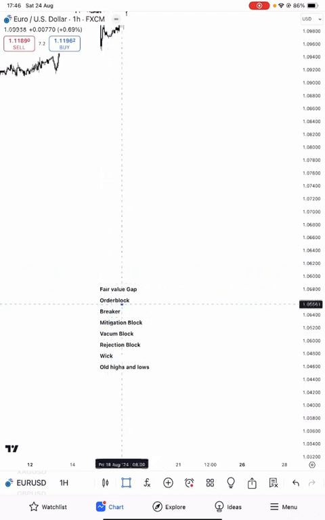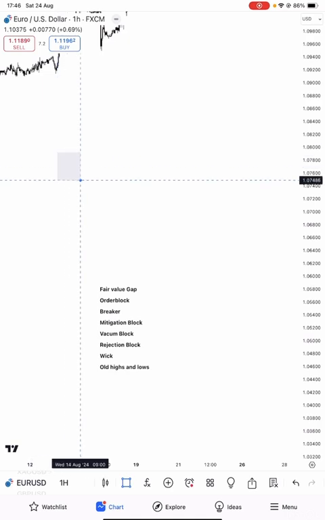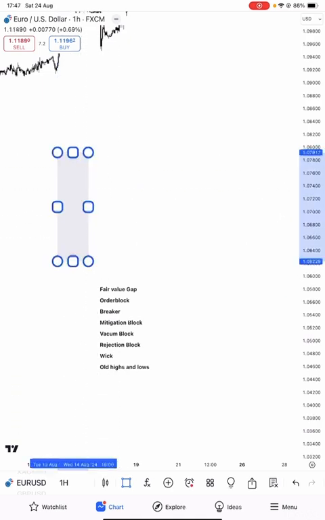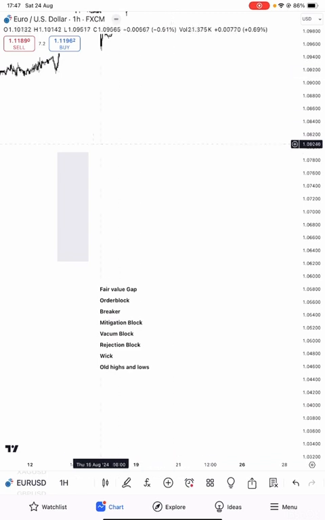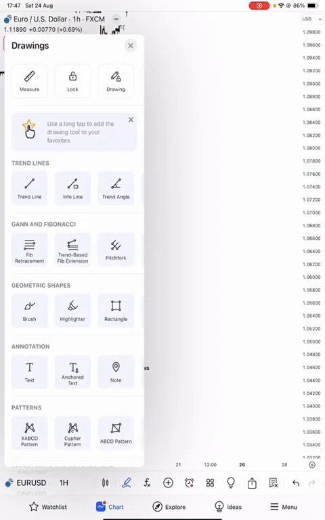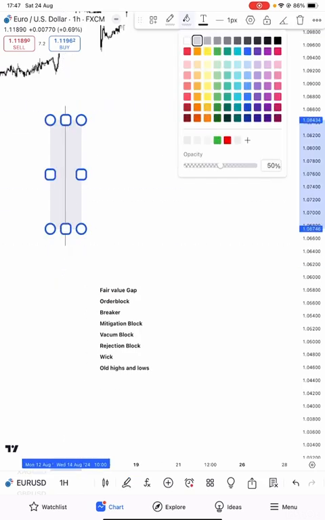So the key thing to understand is, as you know, that breaker, mitigation block, vacuum block, and order block are specific candles that in a bullish trend or buy program, a bearish candle supports price, and in a downtrend, a bullish candle resists price.